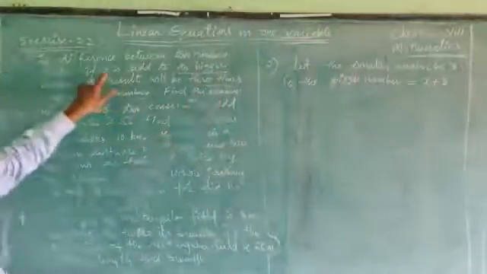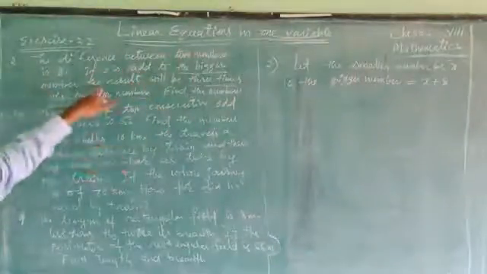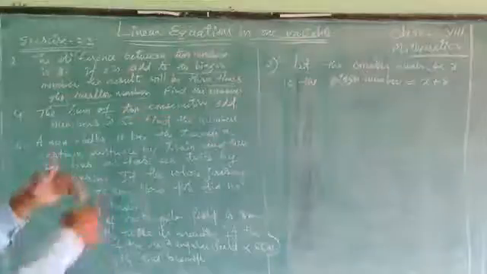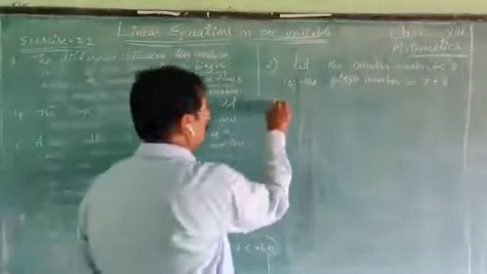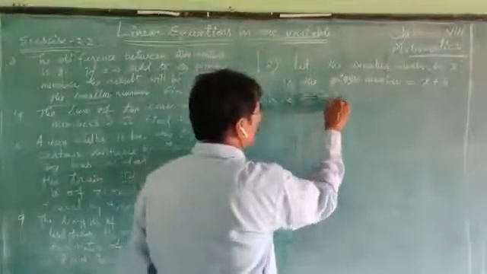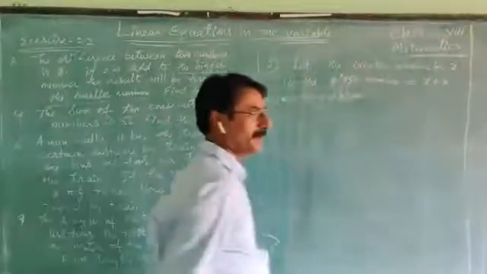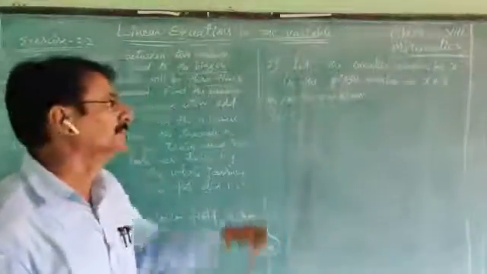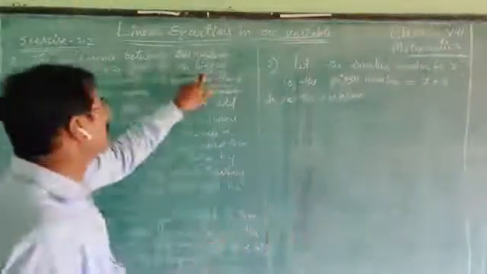Now come to here. If 2 is added to the bigger number, then the result will be 3 times the smaller number, as per the problem. If we add 2 to which number? The bigger number.